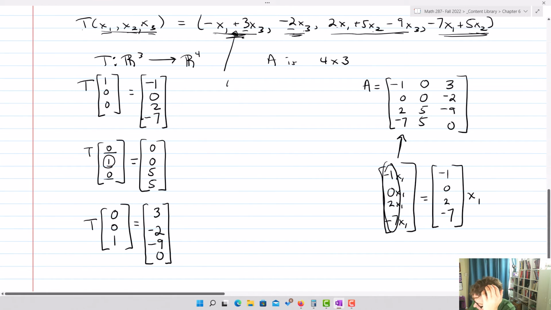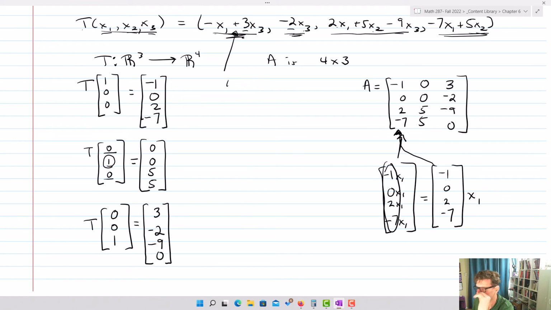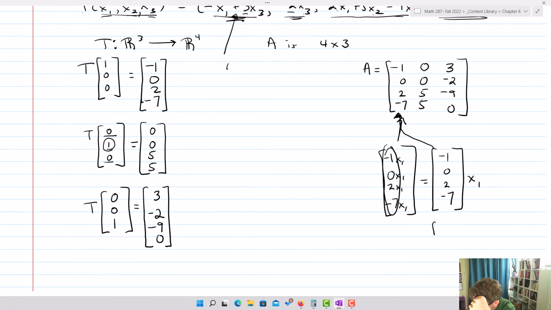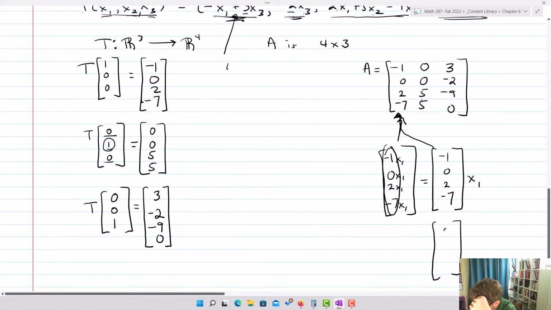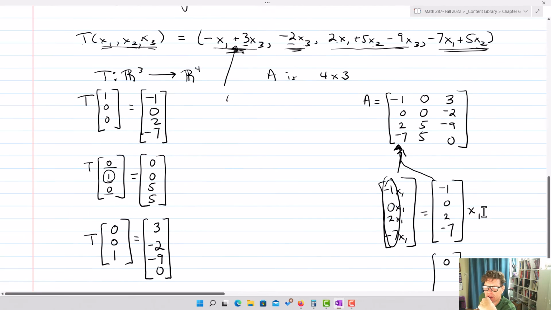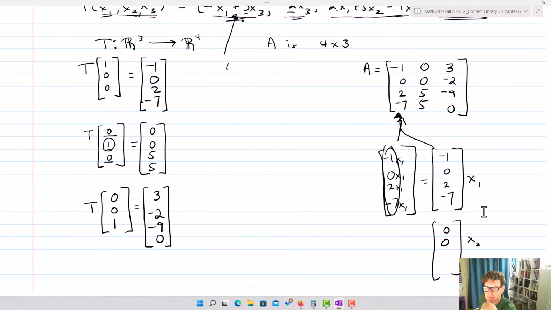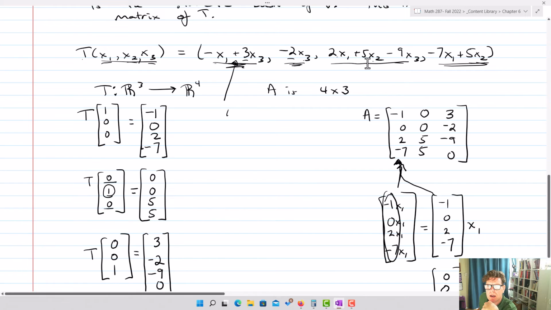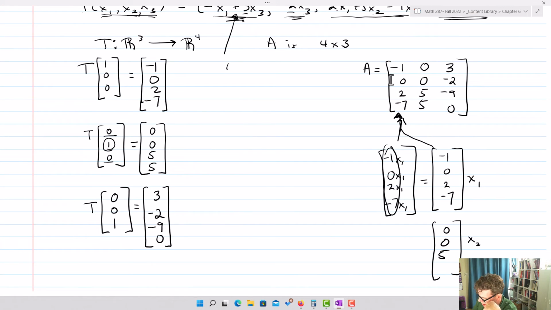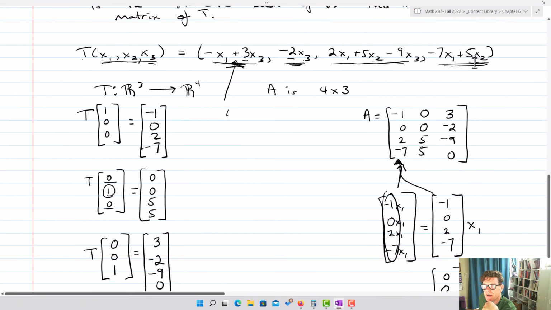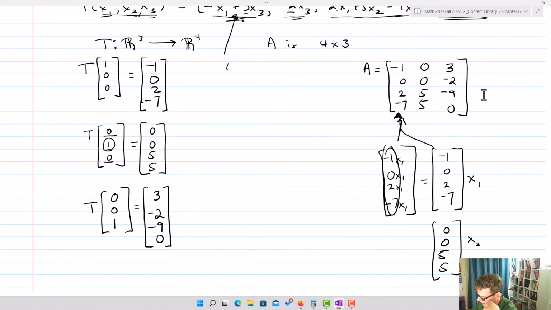Just taking those coefficients, that ends up becoming the first column in the matrix A. Look at the second column. The second column, we've got 0 x2s, 0 x2s, 5 x2s, and finally 5 x2s. And that ends up becoming the second column.